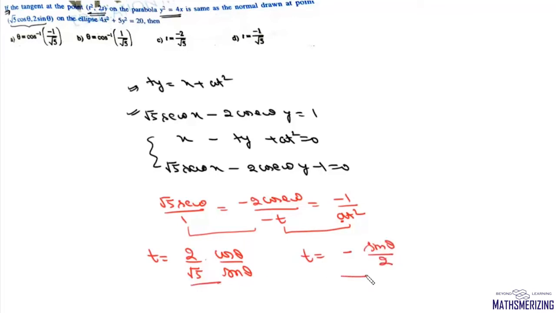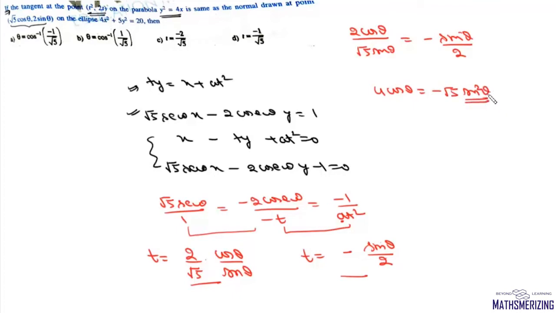Now we'll eliminate this t, then we can write 2 cos theta upon root 5 sin theta, and it is equal to minus sin theta upon 2. So we can actually write this as 4 cos theta, and this is minus root 5 sin square theta.